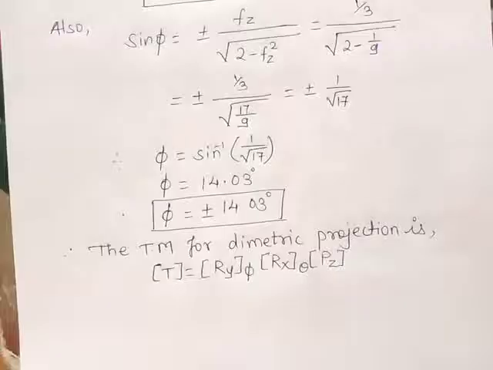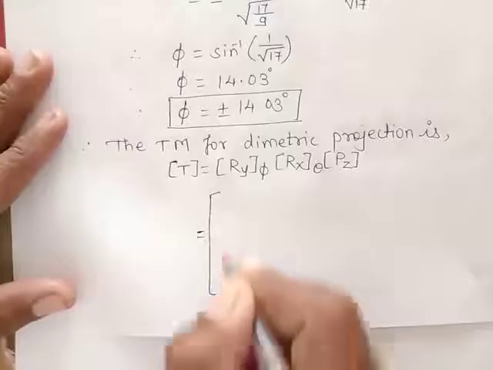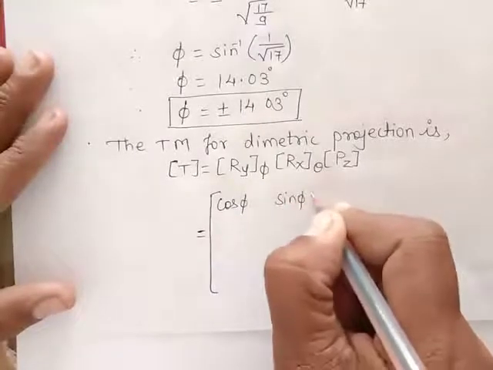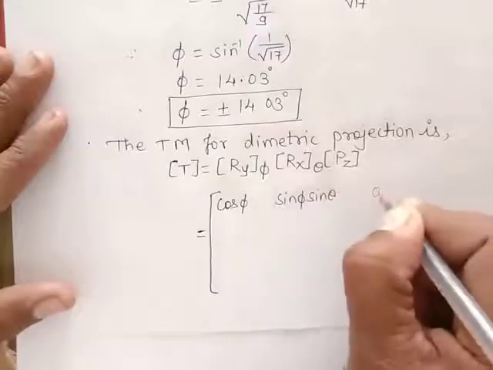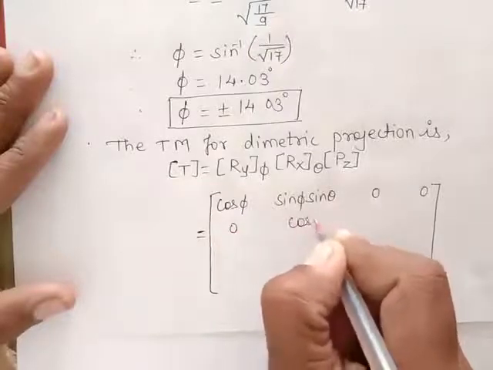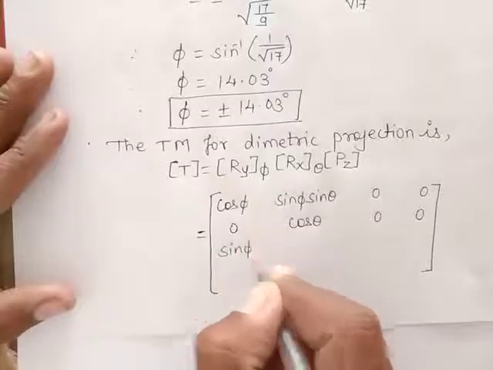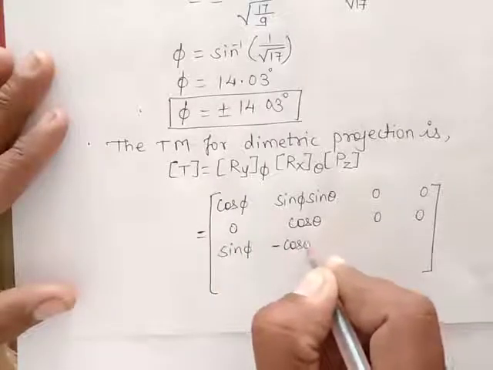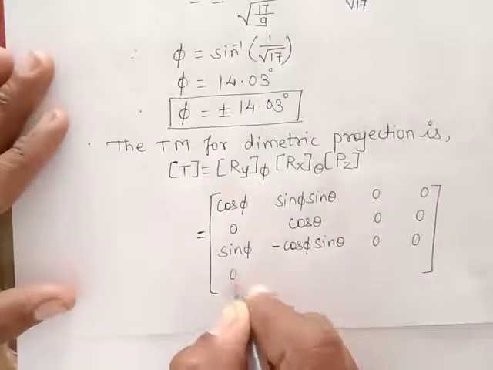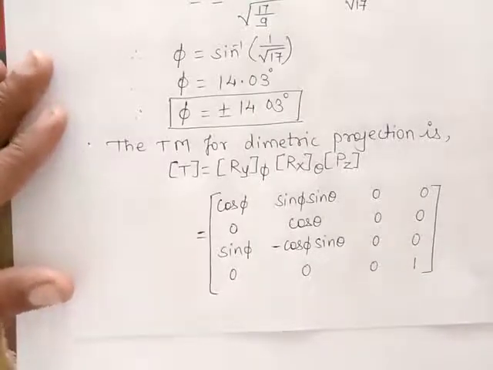So that matrix is cos phi, sin phi sin theta, 0, 0, 0, cos theta, 0, 0, sin phi, minus cos phi sin theta, 0, 0, 0, 0, 0, 1. This is the matrix for diametric projection.